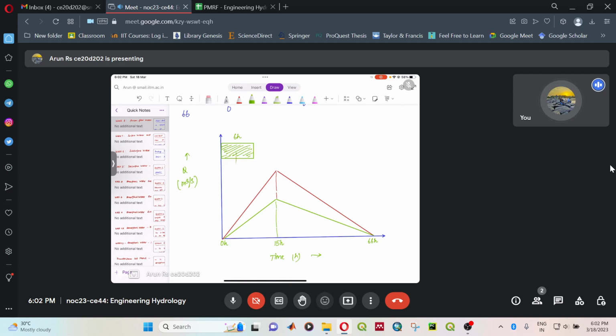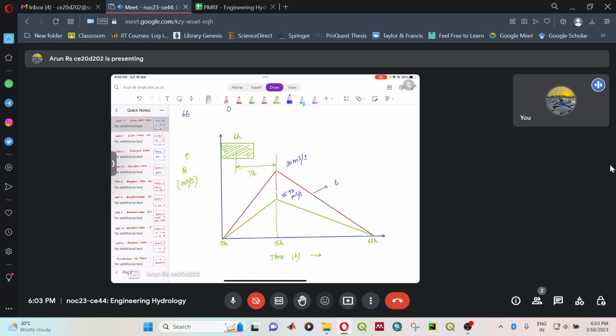So your time to peak will be 7 hours. This is 20 meter cube per second. This is 15.92 meter cube per second.